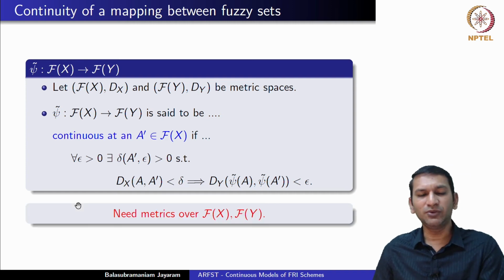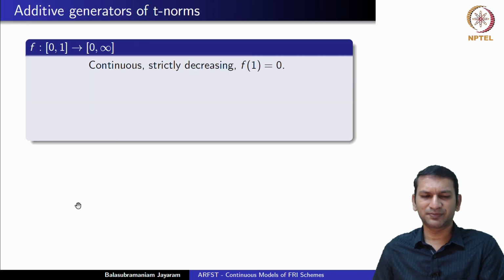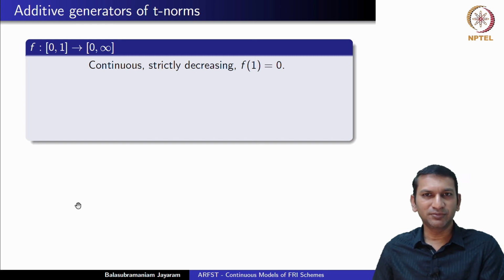However, we need metrics now on the spaces of fuzzy sets. Let's turn towards the additive generators of t-norms to see whether they can generate metrics for us. Recall, an additive generator of a continuous t-norm is a function f from [0,1] to [0,infinity), which is continuous, strictly decreasing, and f(1) is 0.